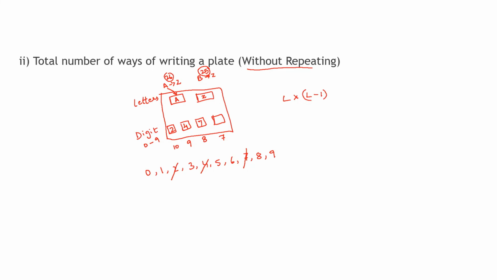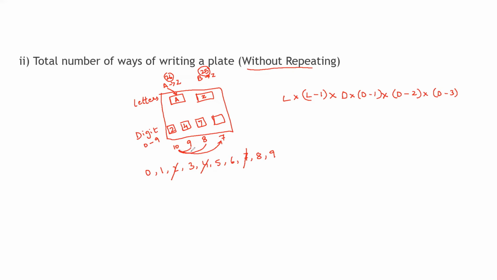Means without repeating, I have to take L, then L minus 1, because here we have taken 26 minus 1, 25. Then D, D minus 1, because 10 minus 1. Next D minus 2, this is 10 minus 2, then D minus 3, that is 10 minus 3.